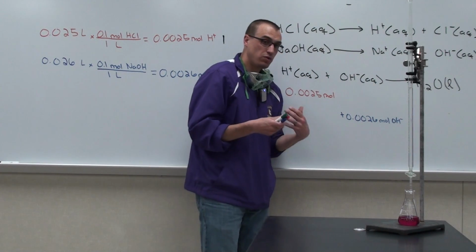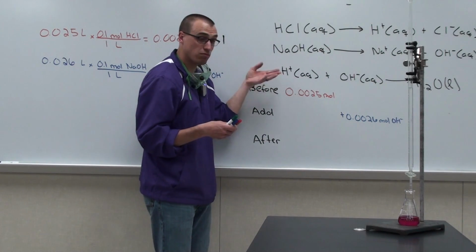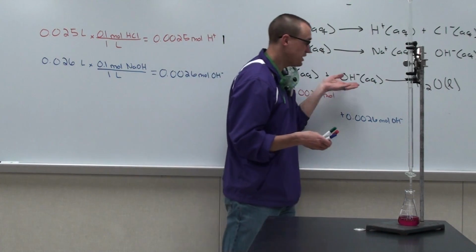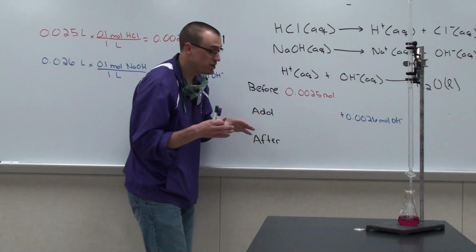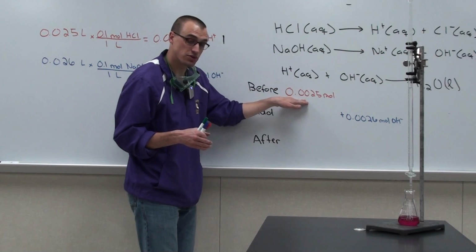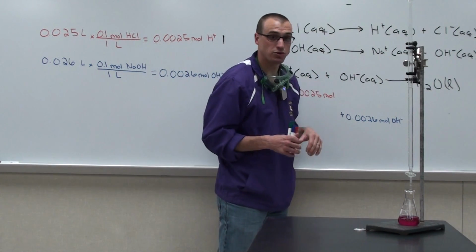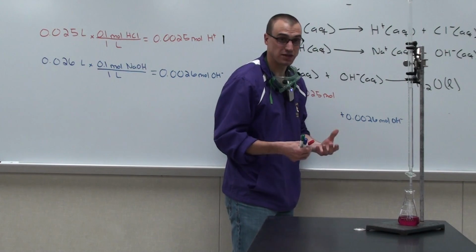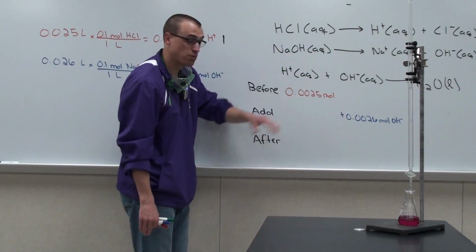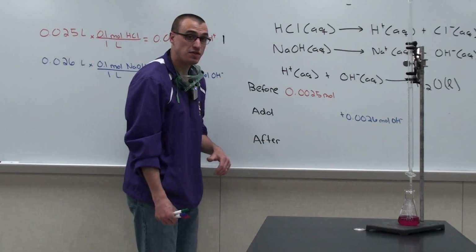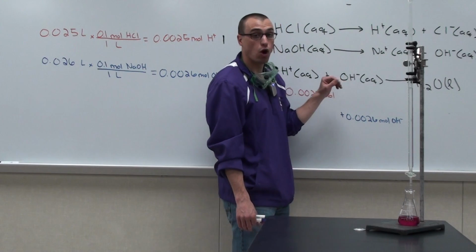We can only react the number of H plus moles with an equal number of OH minus moles. So that means we can only react 0.0025 moles of H plus with 0.0025 moles of OH minus. If we go over this number, this means that we now have leftover OH minus.